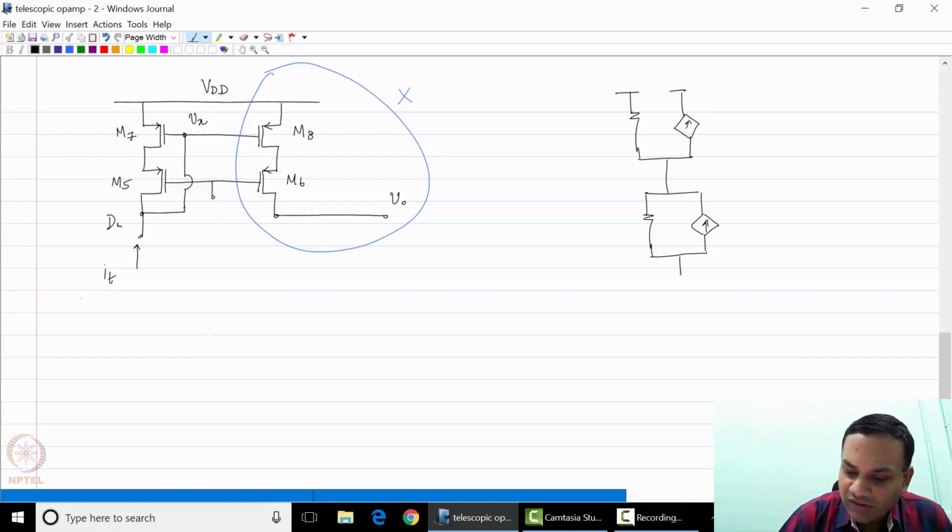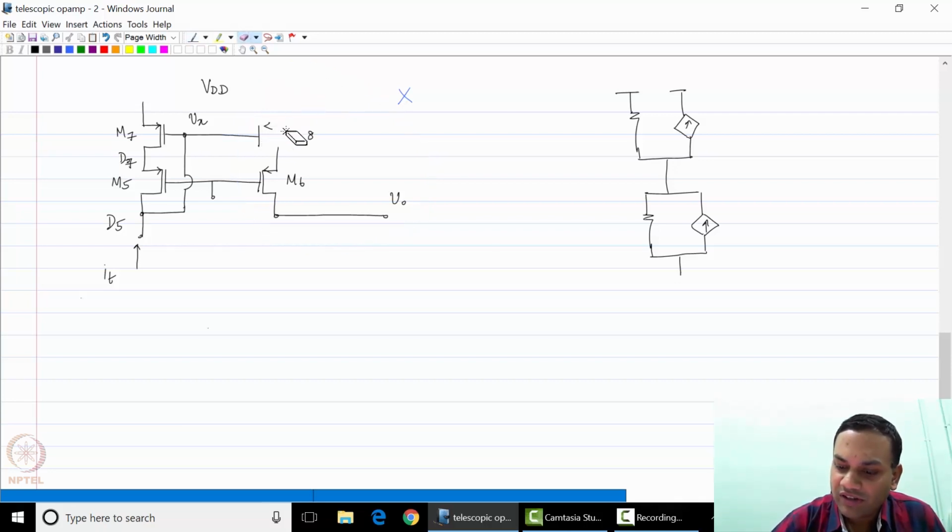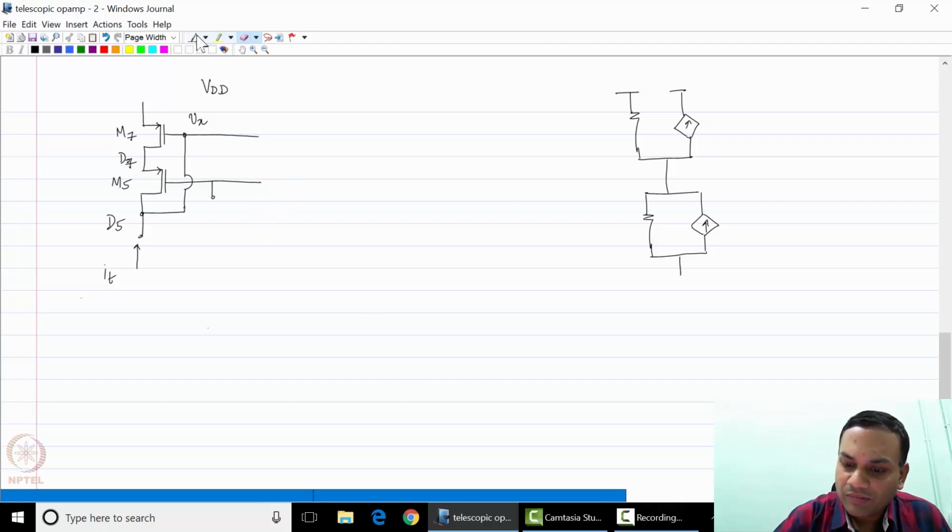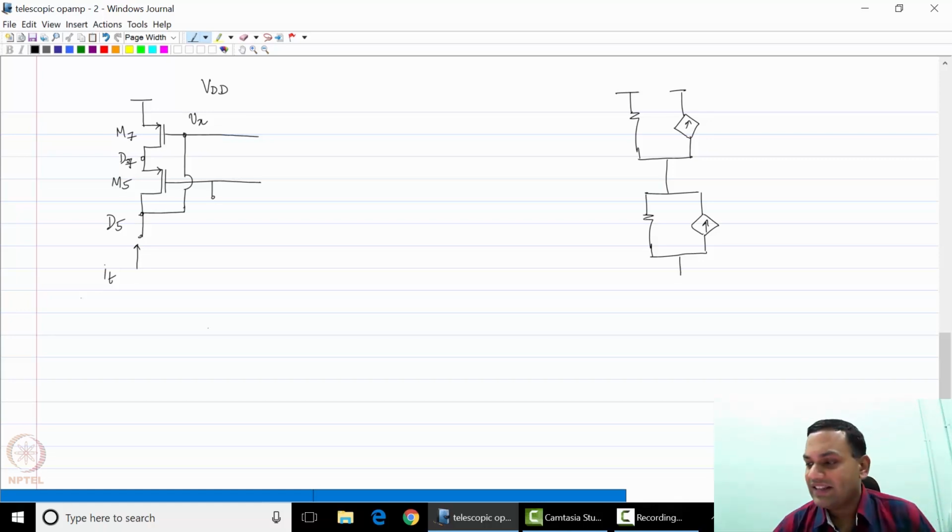So this is drain 5, this is drain 7. I can now remove this portion of the circuit with nothing in the circuit being affected. So let us do that. I'm going to call this node D5, this node D7.